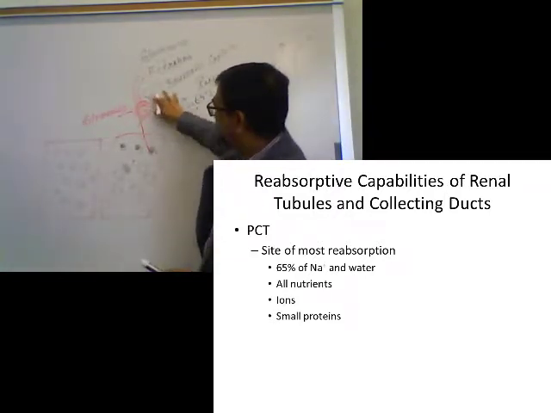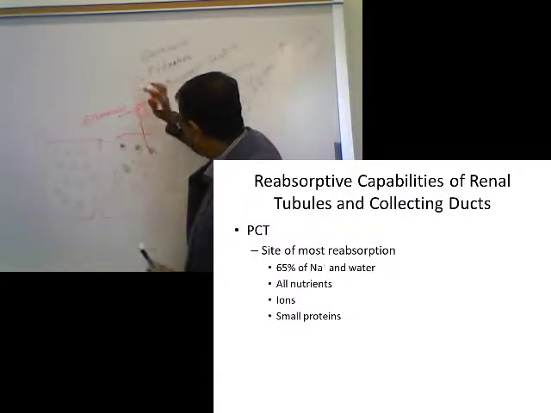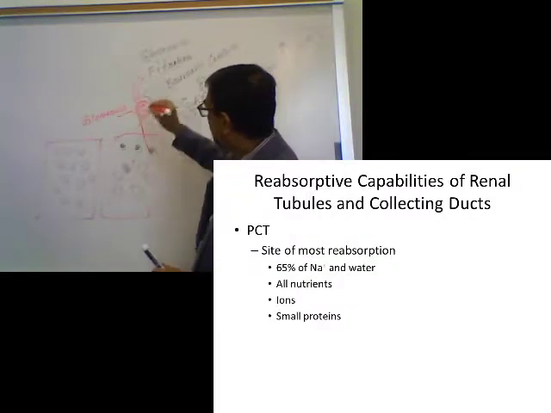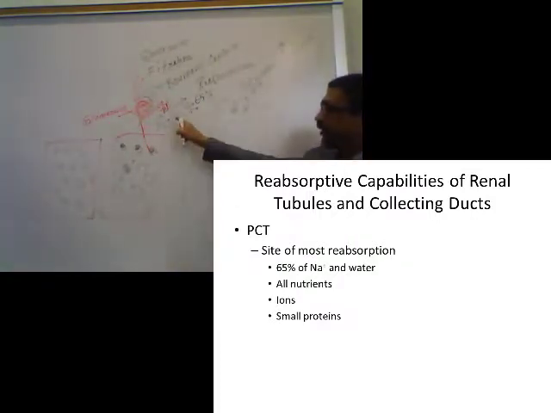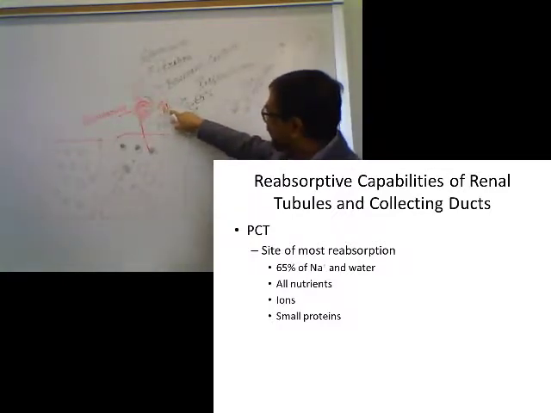Now you tell me, this is hypothetical, if the volume of filtration here is 100 microliters, look at this picture. So filtration amount is 100 microliters here, and when this fluid is passing through the proximal convoluted tubule, 65% of it is taken out from the nephron.